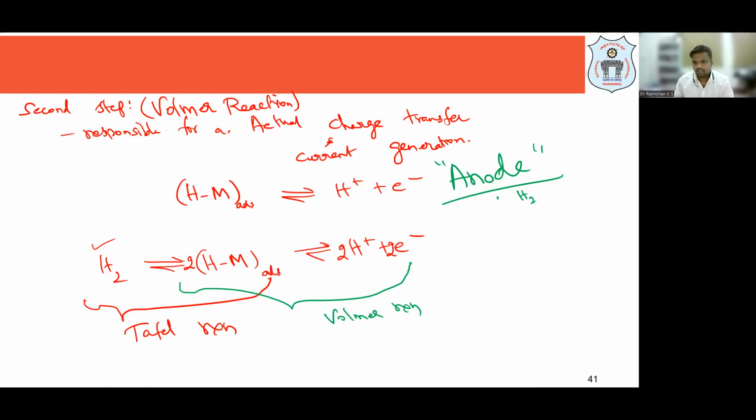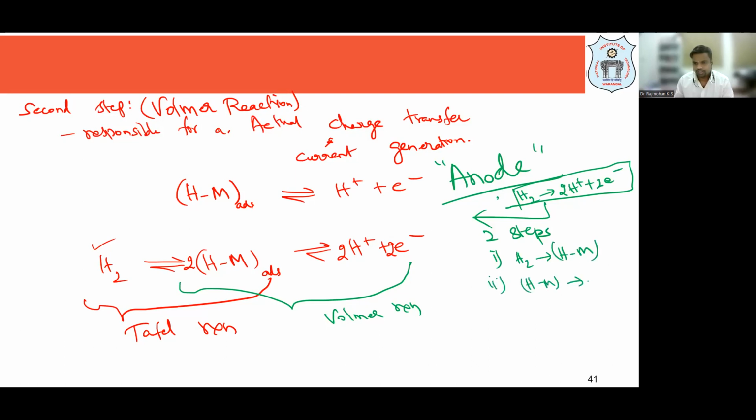What is that? H2 becoming 2H plus plus 2 electrons, which we think is a single step, but actually this takes place in 2 steps. First step is hydrogen molecule becoming HM. Second step is this HM becoming H plus plus electrons.